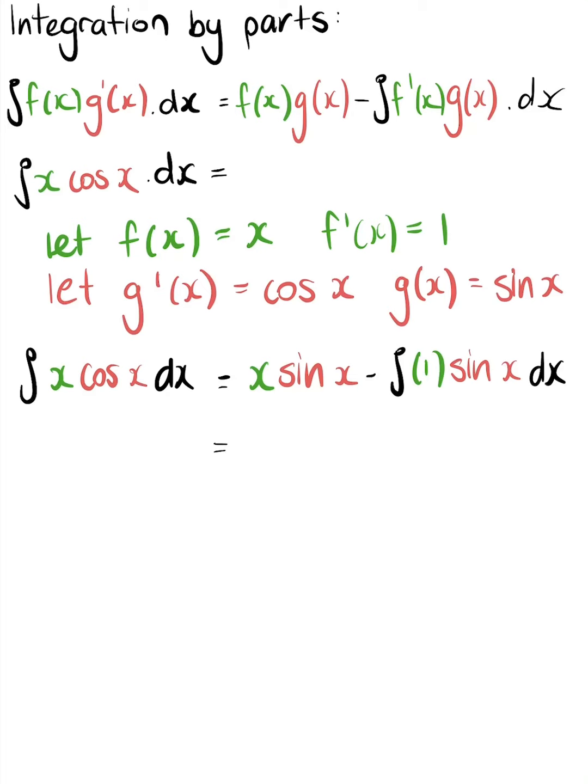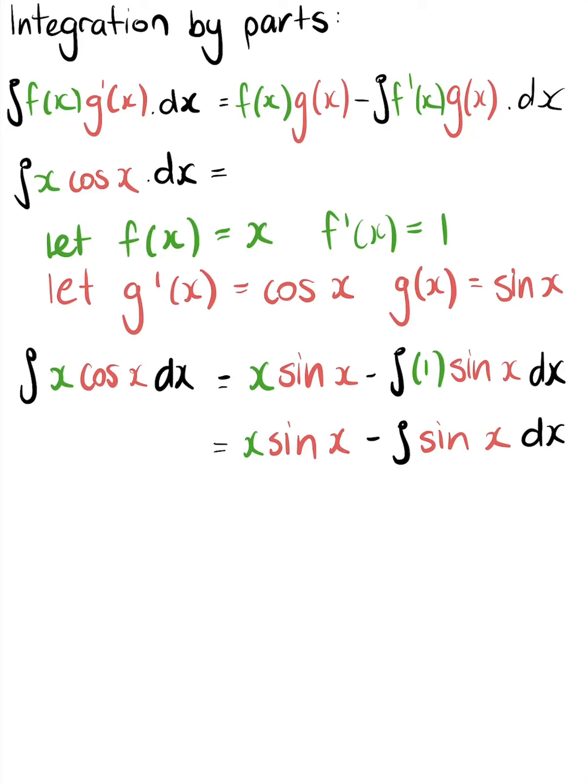So now we try and simplify this. Well, x multiplied by sine of x, we're going to leave as is. And then what we do is 1 multiplied by sine of x. Well, 1 multiplied by any number is going to be itself. So 1 multiplied by sine of x is going to be sine of x. So that's going to leave us with the integral of sine of x in respect to x to solve.